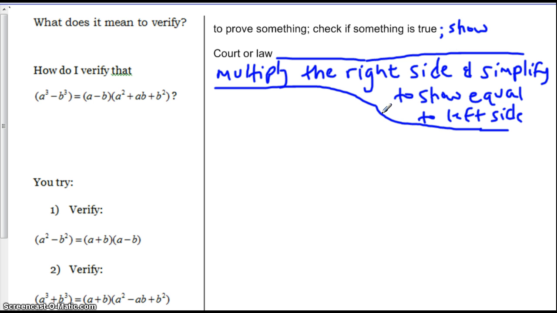Let's go ahead and multiply this right side, and I'm going to show this using the box method. Anytime I have a binomial times a trinomial, remember a binomial is 2 items and a trinomial is 3 items, I now prefer to use the box method just to make sure I collect all my like terms and don't miss any multiplication. So we are going to verify through multiplication that this whole item is equal to a cubed minus b cubed.